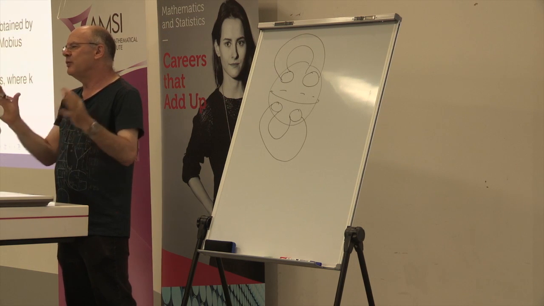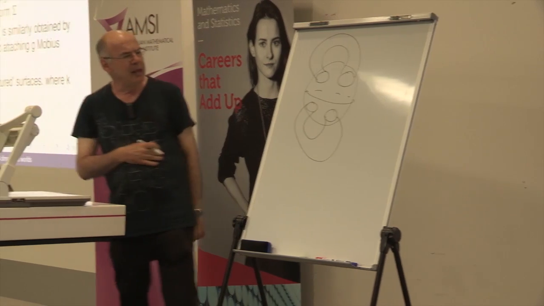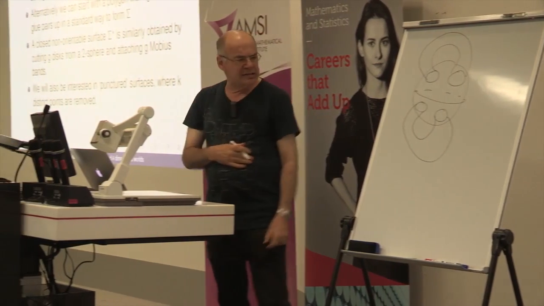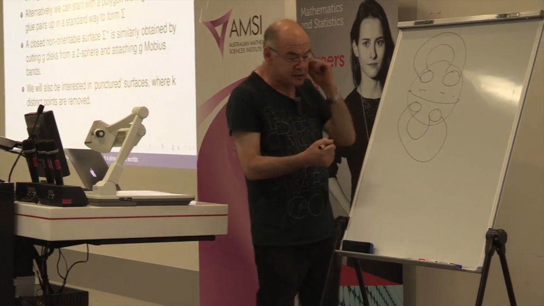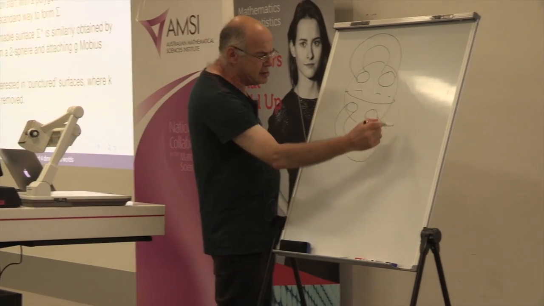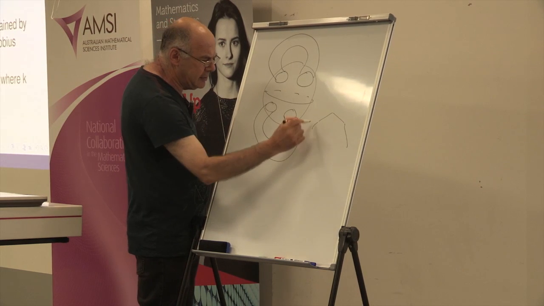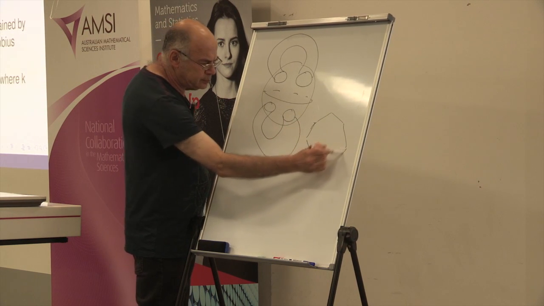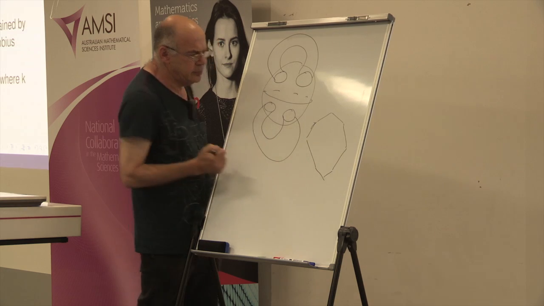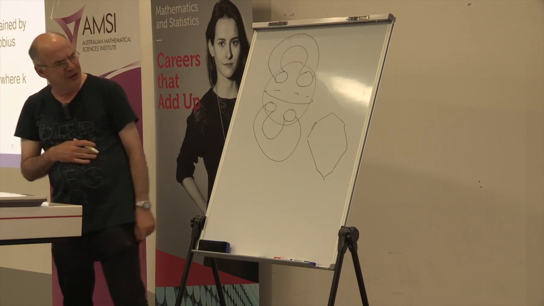So I'm assuming you're reasonably familiar with these gadgets. There's a nice way of thinking of these also in terms of polygons. In this case, we can take an 8-sided polygon. Sorry about my not very good drawing here.